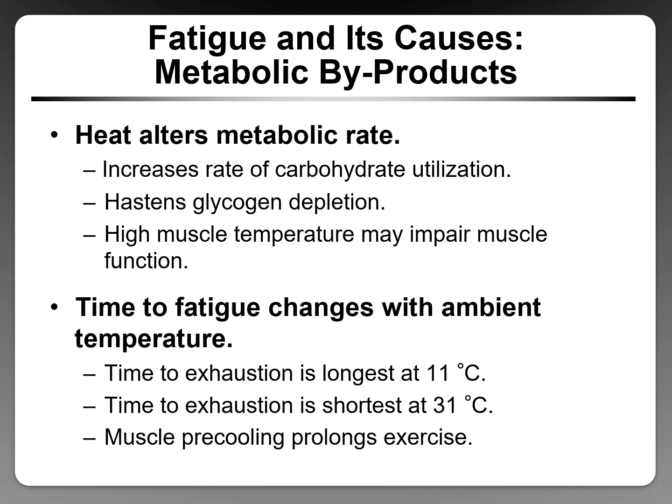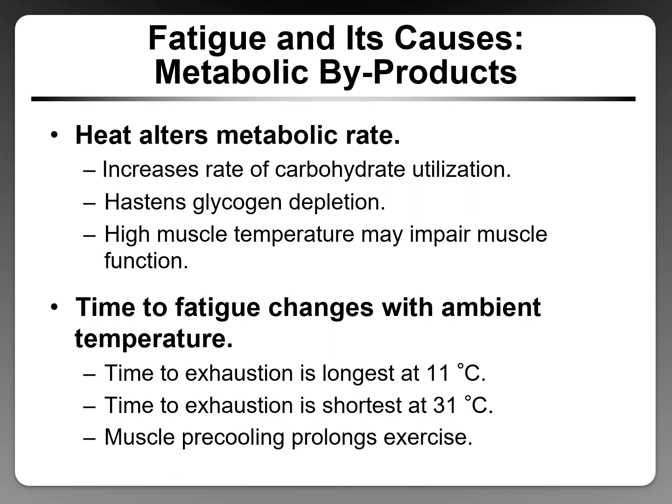We know heat alters metabolic rate, so it will increase the rate of carbohydrate utilization, which means we're going to go through glycogen depletion faster, and high muscle temperatures impair muscle function. So it helps to a point, and then it starts to go the other way. Also, we know that heat is going to impact our time to fatigue.